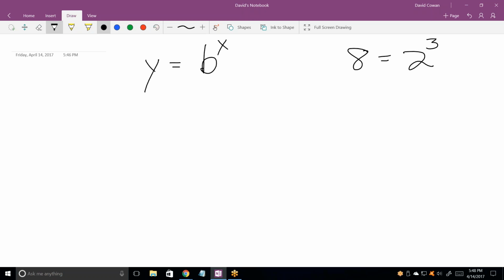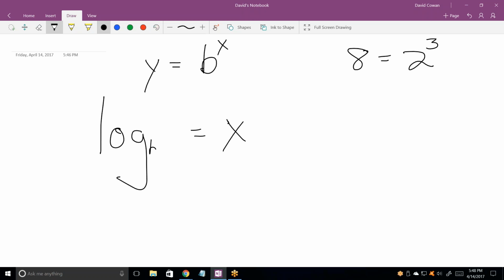Now, every exponential expression has a logarithmic equivalent expression. And you only have to remember one thing. Logs are exponents. Therefore, I can say the log equals x. Now I have to figure out where the b and the y goes.